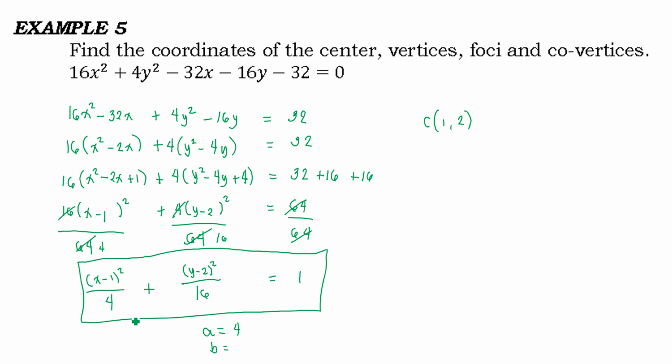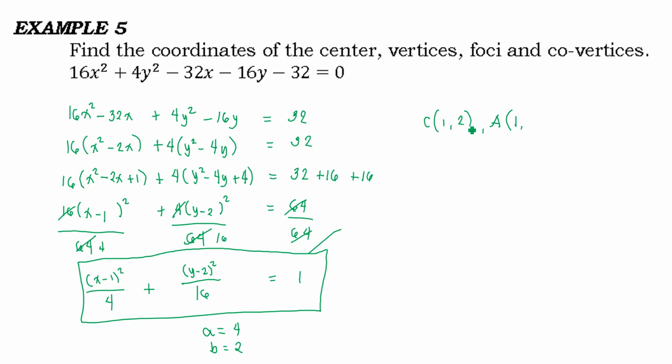Now, since it is vertical, we determine that it is vertical because the larger number is under the y squared. If the larger number is under the x squared, then it would be horizontal. Okay, now, here, our a would be, we copy the x coordinate of the center, and then the y coordinate would be added by 4.